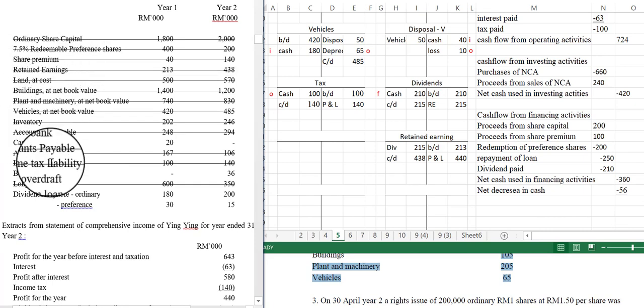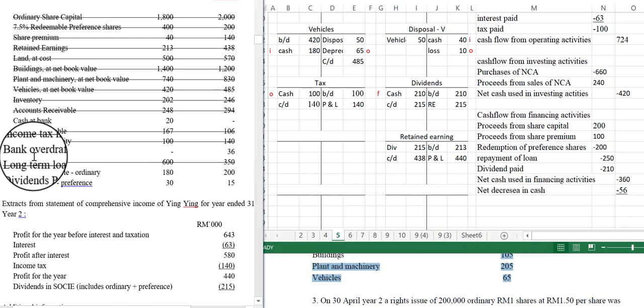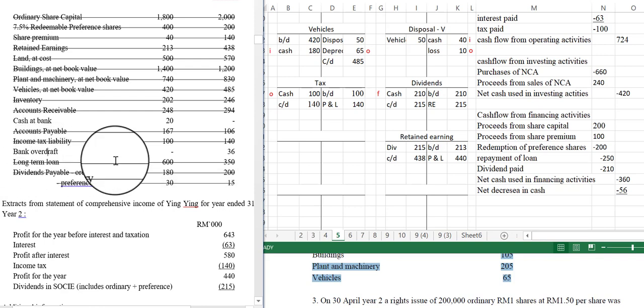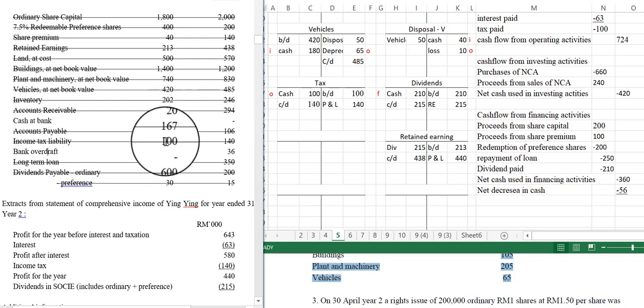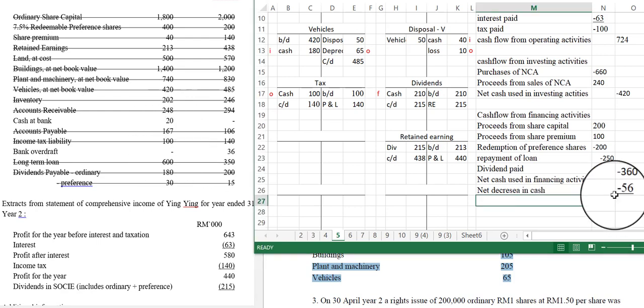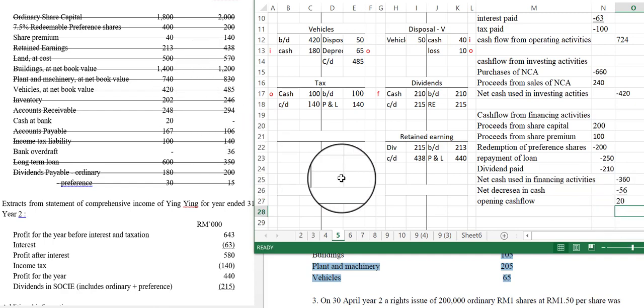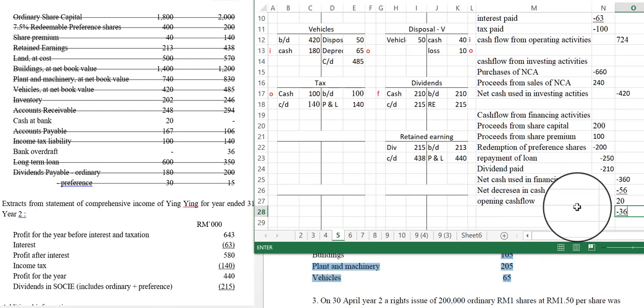The only thing we are not using now is cash. Since there is no overdraft, your opening cash is 20. Then your closing is bank overdraft, the minus sign, 36.